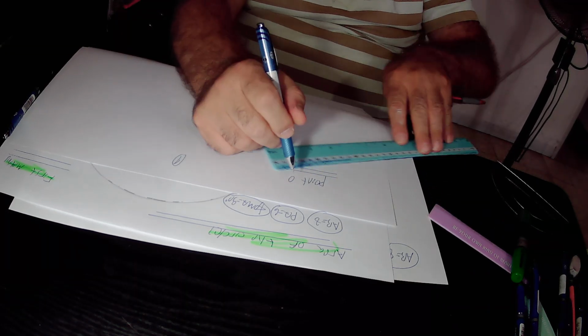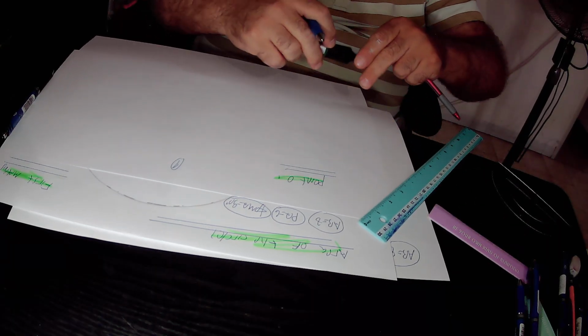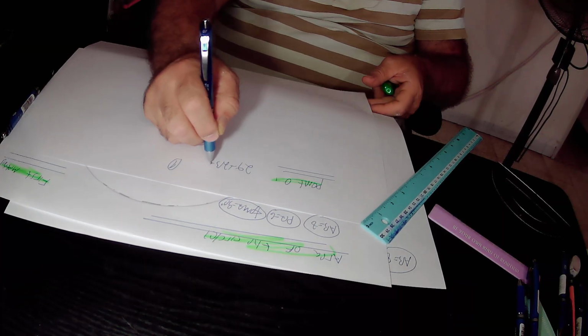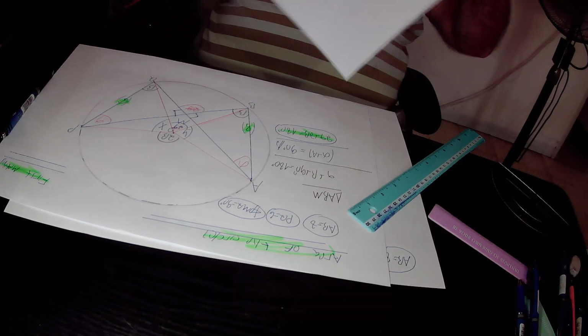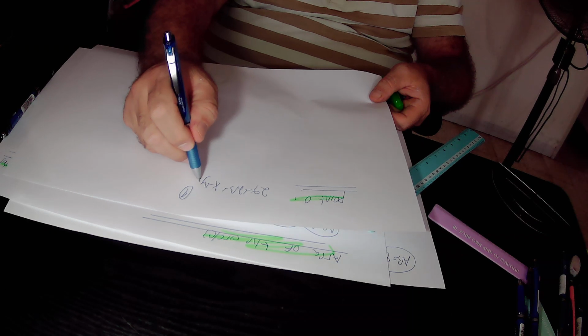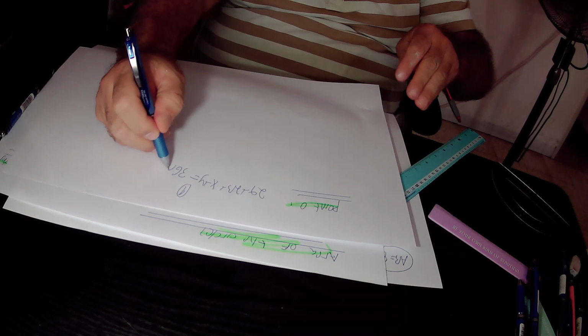We have 2 alpha plus 2 beta plus x plus y. In total, the sum of those 4 angles must be equal to 360 degrees.